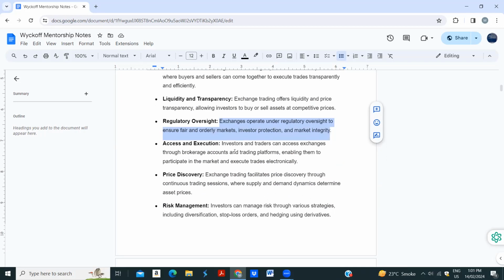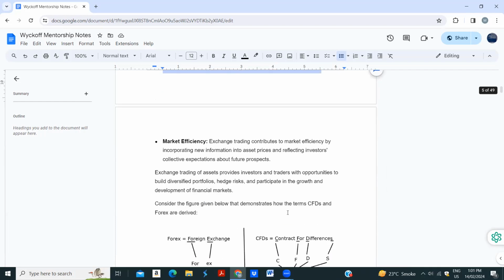Investors and traders can access exchanges through brokerage accounts and trading platforms, enabling them to participate in the market and execute trades electronically. Exchange trading facilitates price discovery through continuous trading sessions where supply and demand dynamics determine asset prices. We have covered this again and again. Risk management. Investors can manage risk through various strategies, including diversification, stop loss orders, and hedging using derivatives.